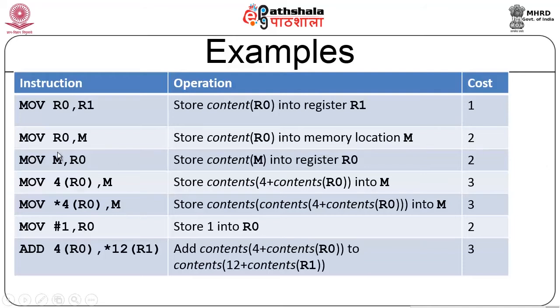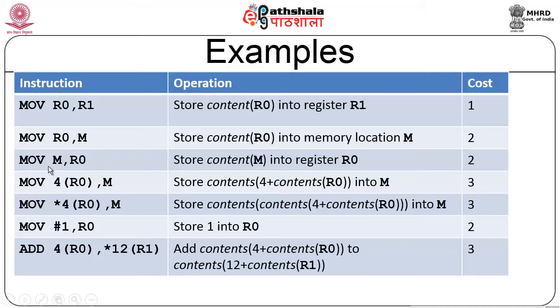Which simply says store the contents of R0 into a memory location M, which is probably like move R0 comma variable A. A is a variable which is available in a memory location, and I have to move the contents of R0 into the variable A. So that is going to cost you 2 units.